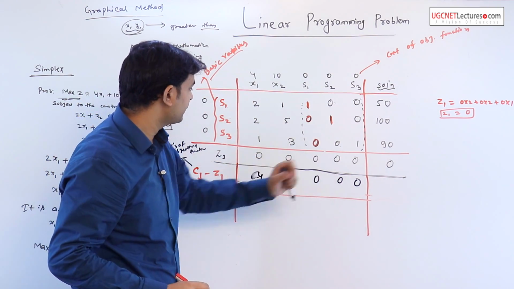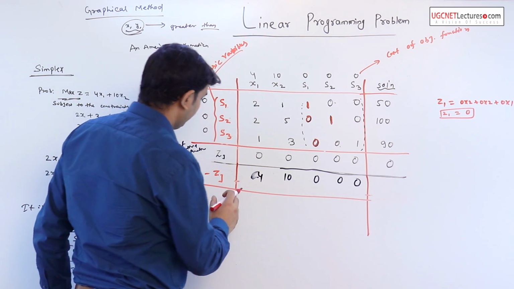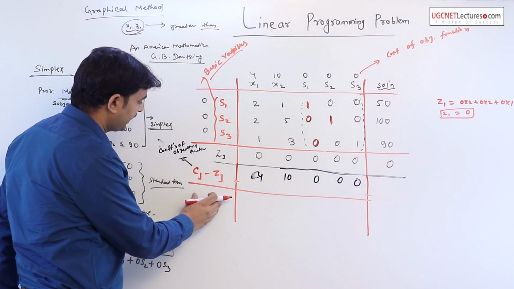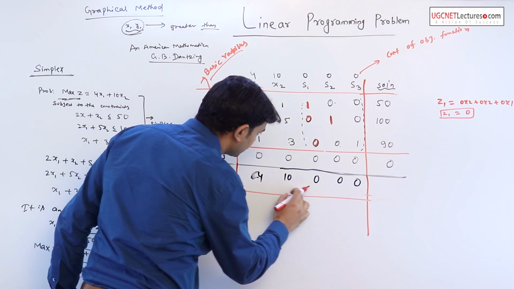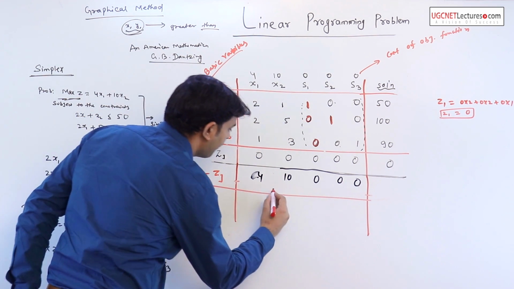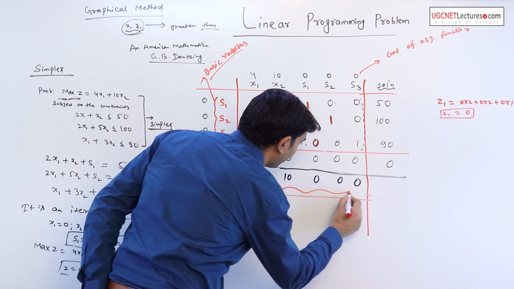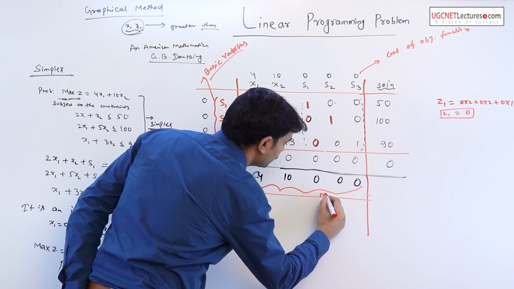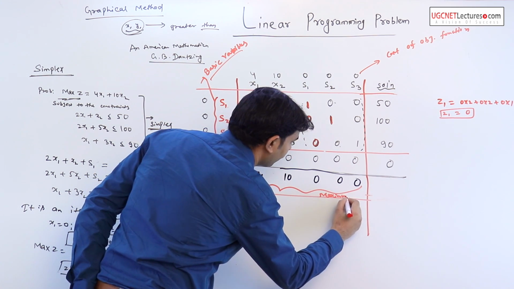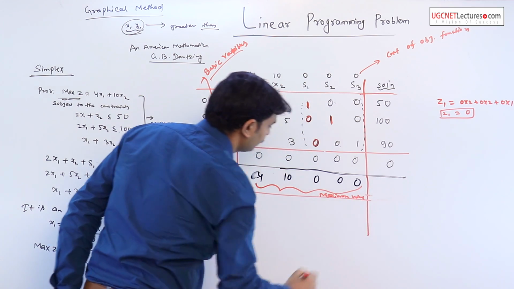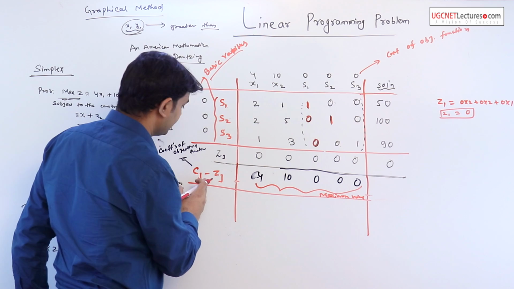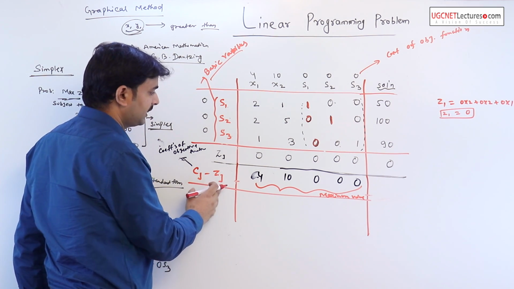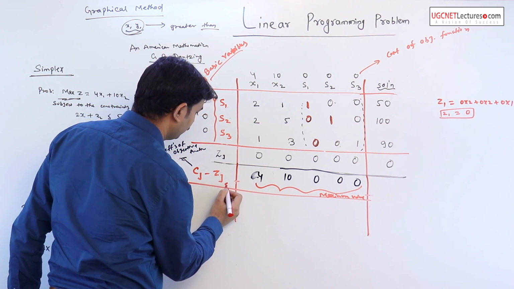For improving the result further, we have an optimality criteria. What? We have to choose the maximum value among them. The criteria of optimality, when the finishing criteria is Cj minus Zj less than or equal to 0.